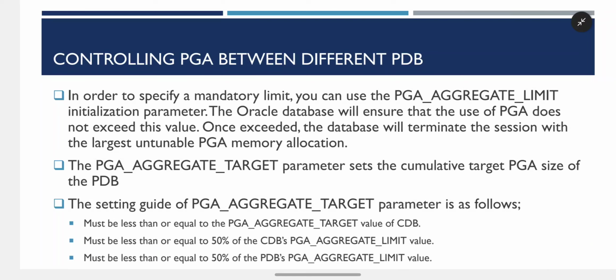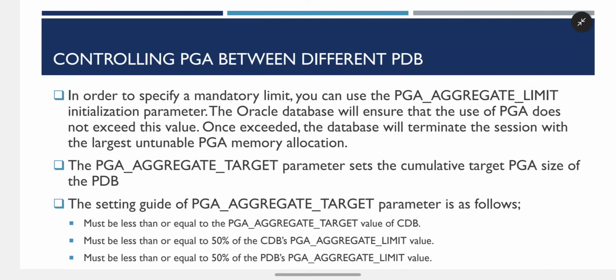The Oracle database will ensure that the use of PGA does not exceed this value. Once exceeded, the database will terminate the session with the largest untunable PGA memory allocation. The PGA_aggregate_target parameter sets the cumulative target PGA size of the PDB.